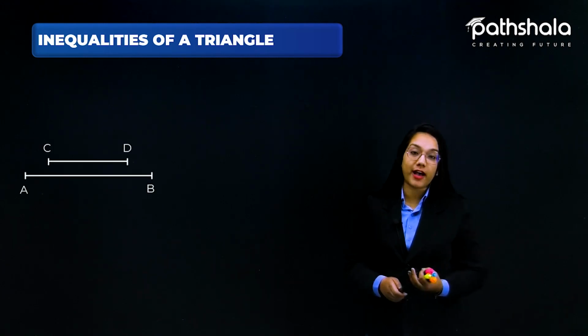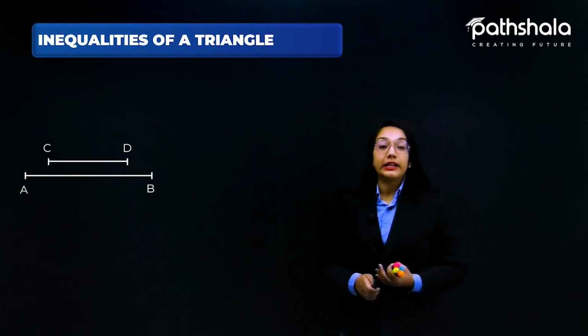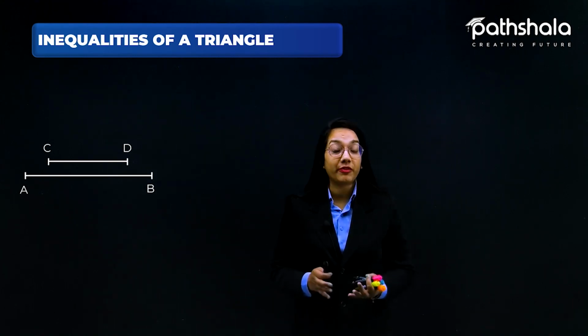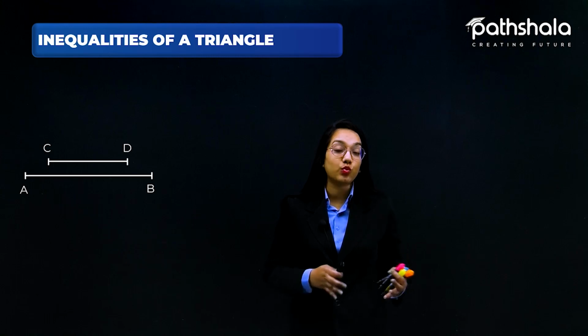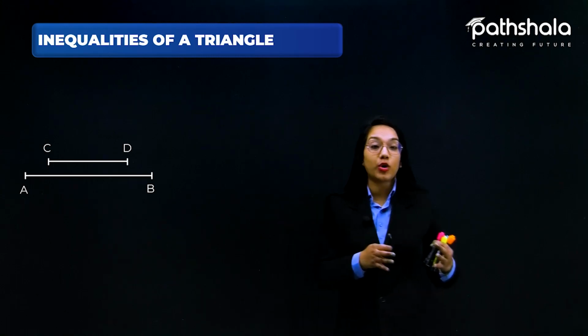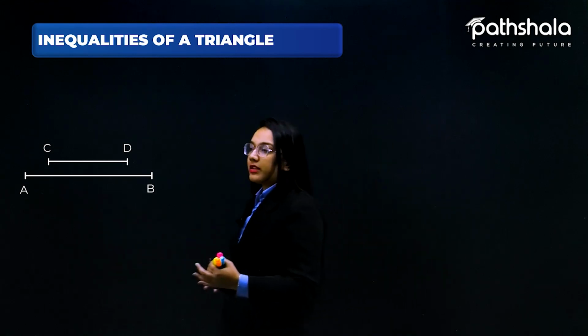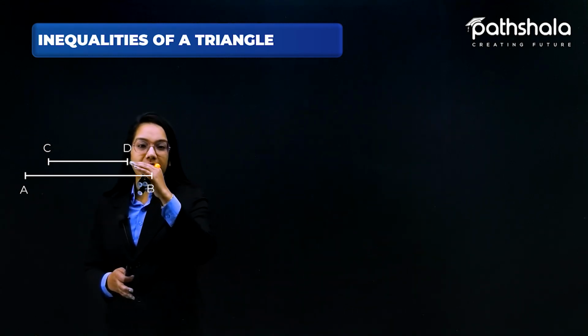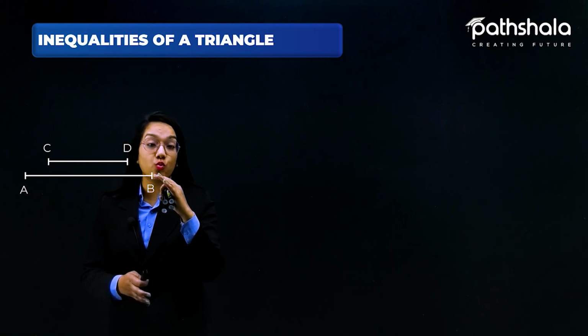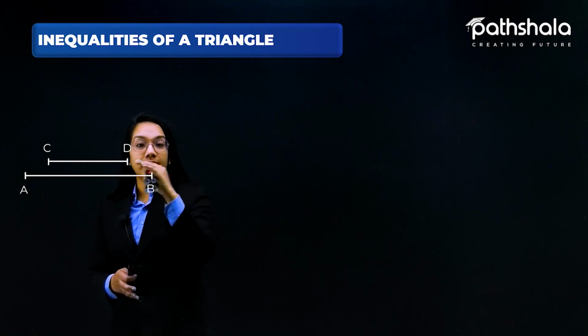If we have these two line segments, then we can definitely form a relationship between them, as one is smaller and the other is larger. So you can say there are two line segments, CD and AB, in which one is longer than the other.